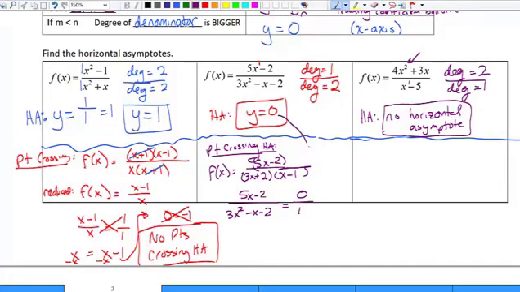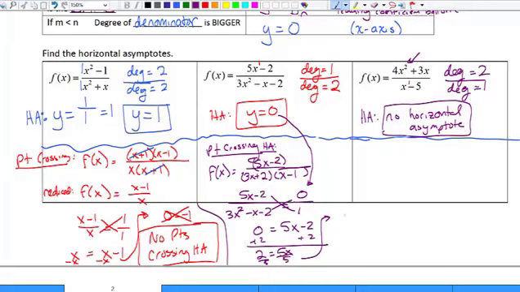And the horizontal asymptote is 0. So I put 0 over 1 and I cross multiply. The 3x squared minus x minus 2 times 0 is still 0. 5x minus 2 times 1 is 5x minus 2. When I solve, I'm getting x is equal to 2/5.